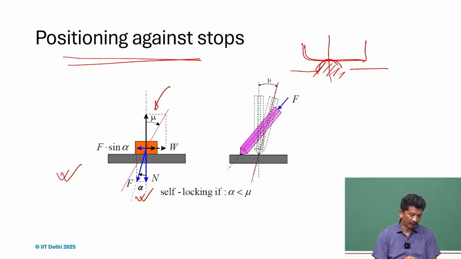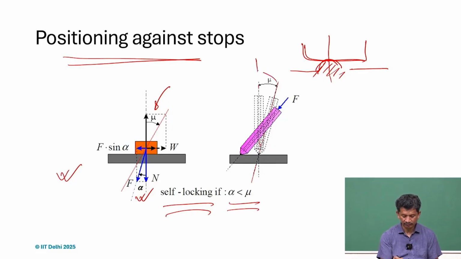If it's within and force is applied, what we realize is that it will get jammed. There will be self-locking when alpha is less than mu. So if you remember, this is mu.